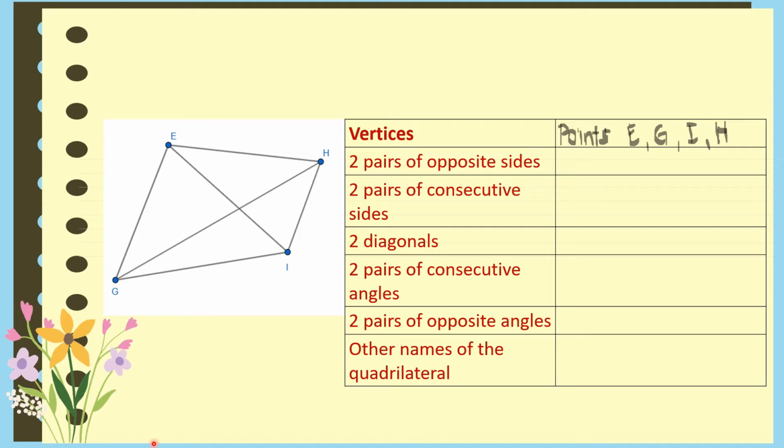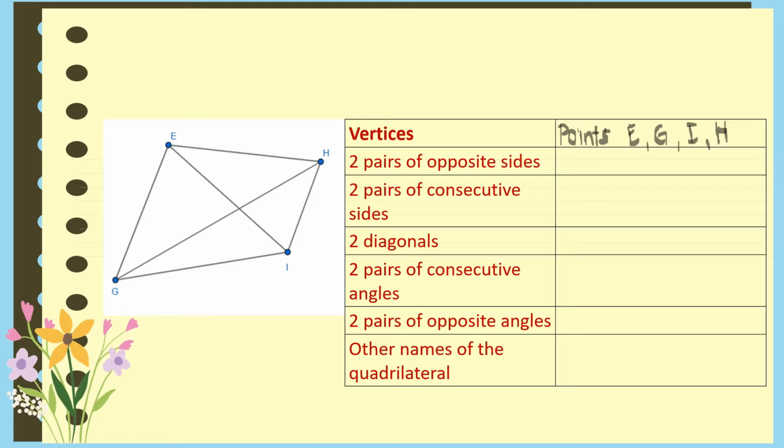Now we have also two pairs of opposite sides. Which are the two pairs of opposite sides? EG, which side is the opposite of EG? The opposite side is HI or IH. For GI, its opposite side is side EH.